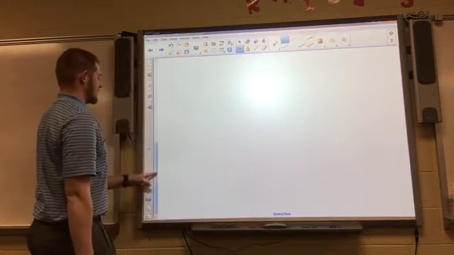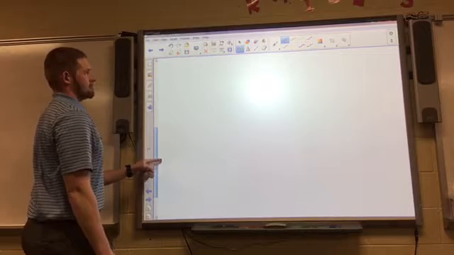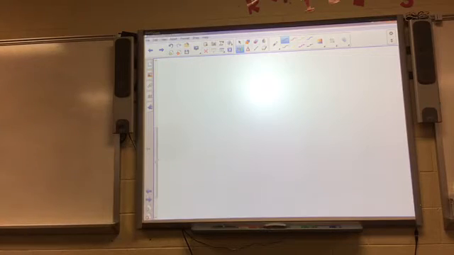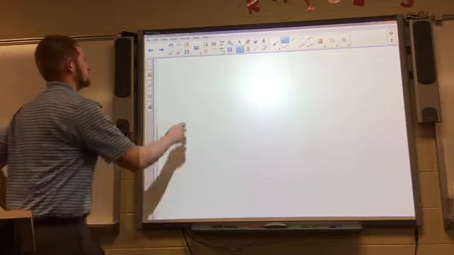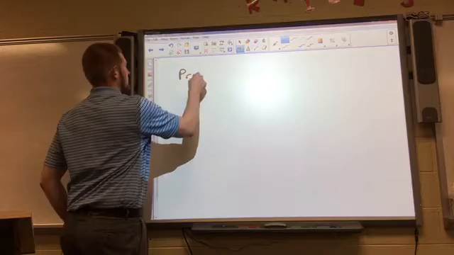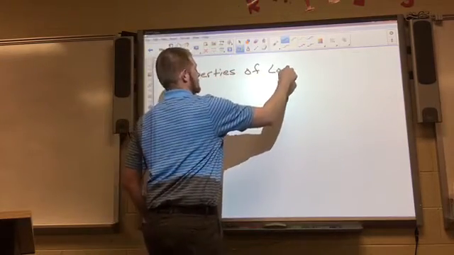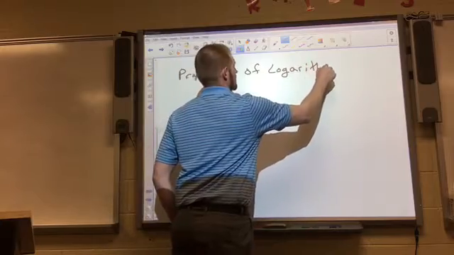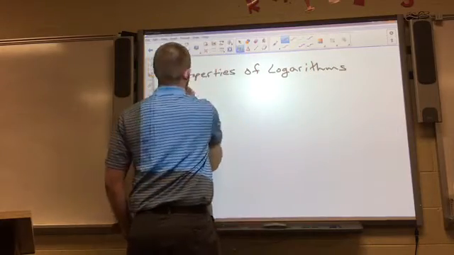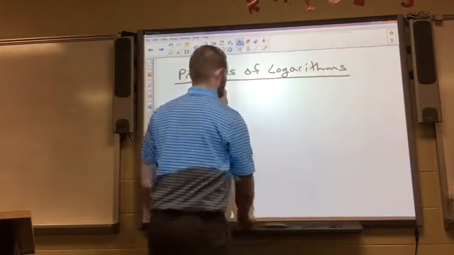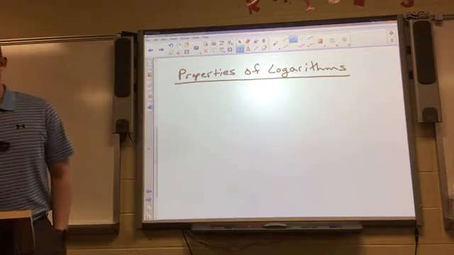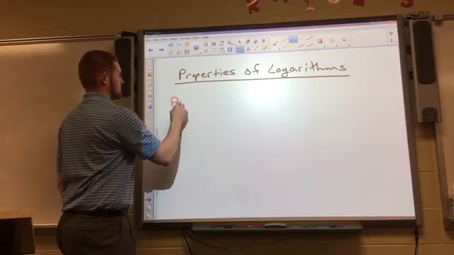Okay, starting today, we are going to have a product, a quotient, and a power property, just like you have with exponents, but they're going to be logarithms. The first one is your product property.